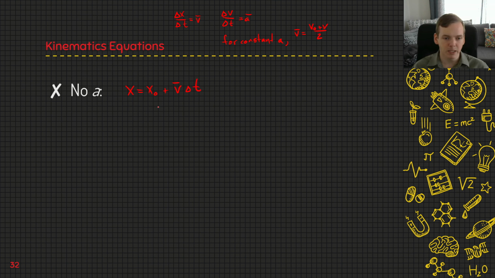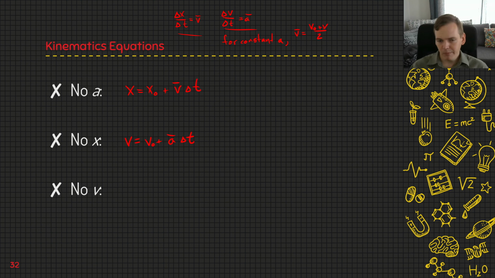This is useful because if we know positions, velocities, and time, and one of those is missing, we can figure it out. We don't need to know the acceleration. There's also one without an x. The final velocity equals the initial velocity plus the average acceleration times change in time. These two are rearrangements of the 2 average velocity and average acceleration equations.